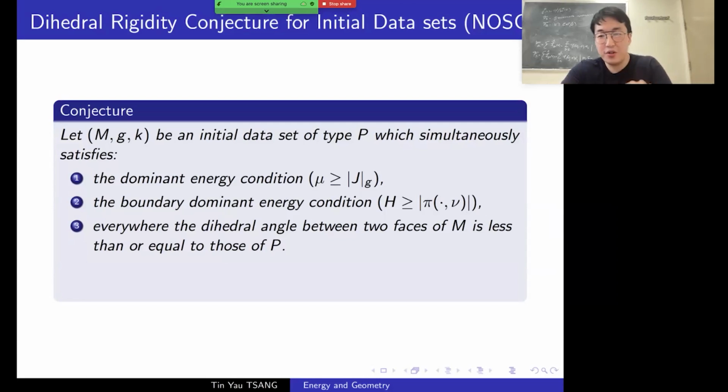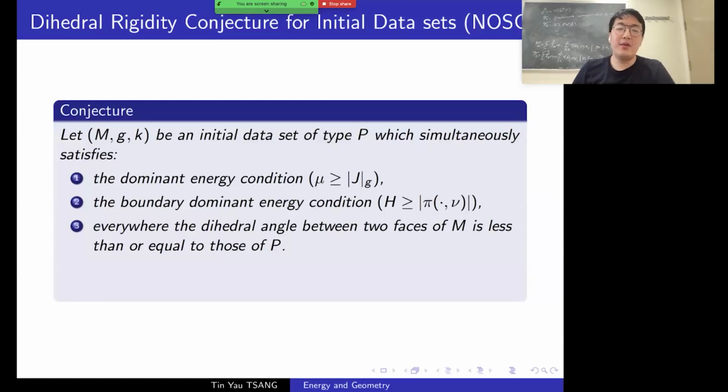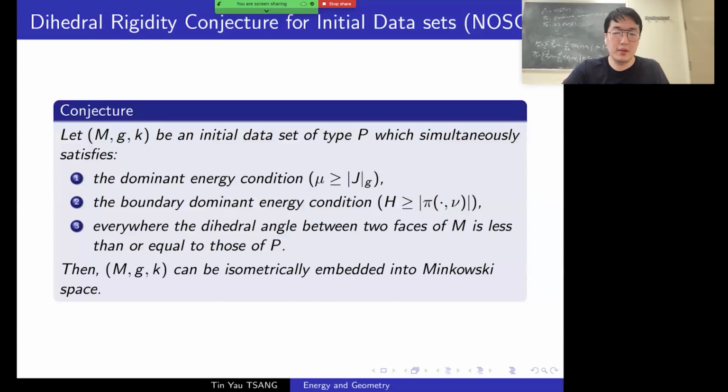This time it has to be H greater than the norm of the pi nu one-form. Then we also assume that everywhere the dihedral angle between two faces of M is less than or equal to the one of P, the Euclidean model. Then we expect (M, g, k) can be isometrically embedded into Minkowski space.